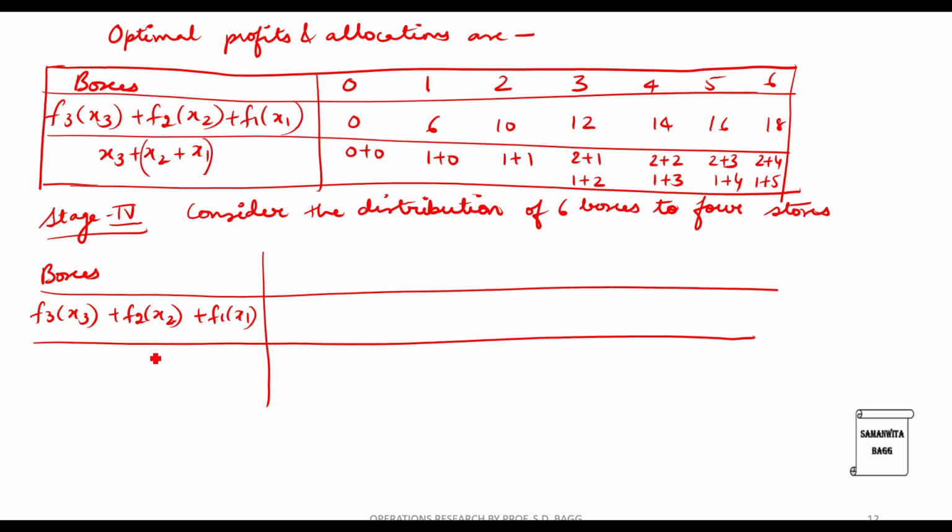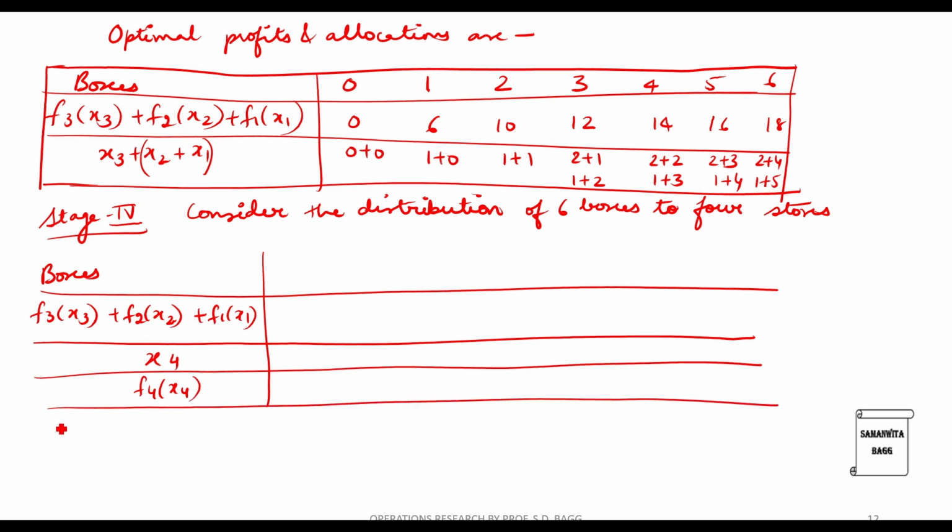Then I'll write down x4 value. Then I'll have F4x4. And lastly, I'll add the total profit, that is F4x4 plus F3x3 plus F2x2 plus F1x1.